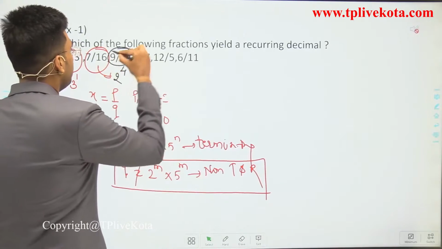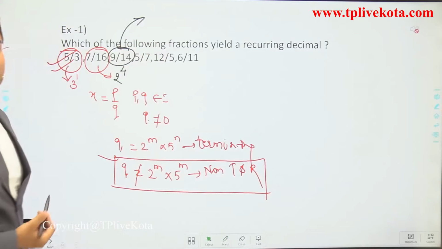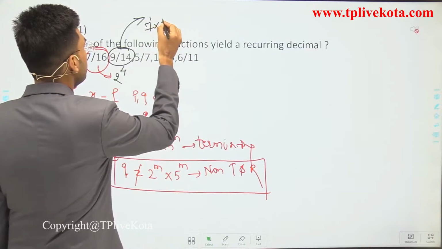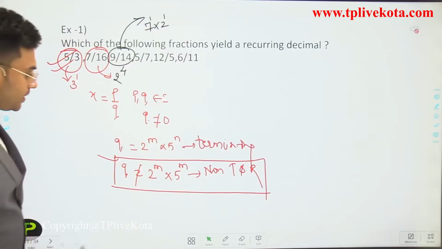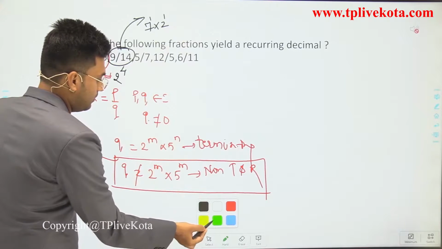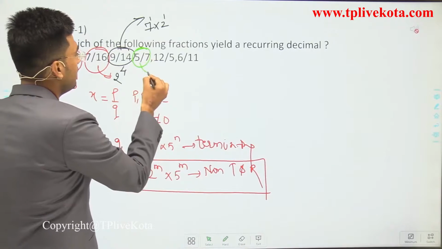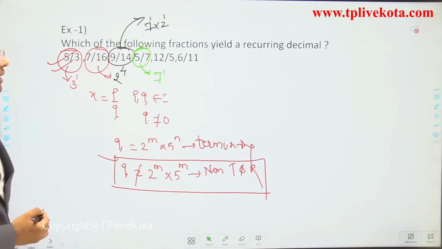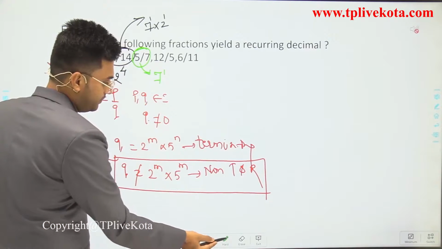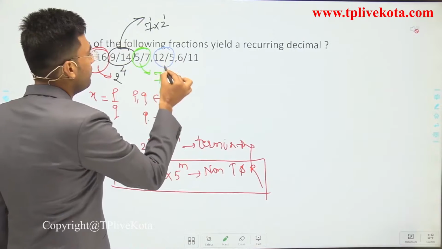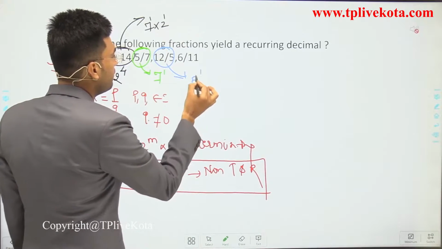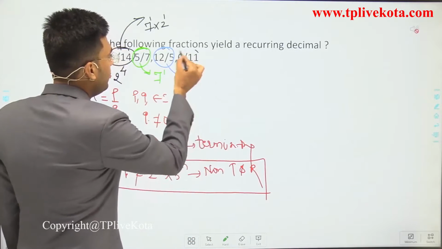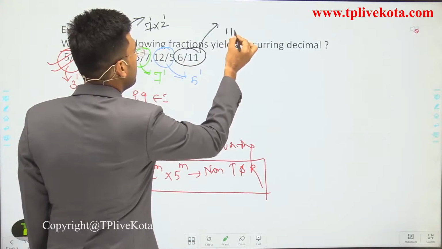In 9 by 14, the denominator is 14 and we can write 14 as 7 power 1 into 2 power 1. Again 5 by 7, the denominator is in the form of 7 power 1. In 12 by 5, the denominator is 5 power 1, and in 6 by 11, it is 11 power 1.